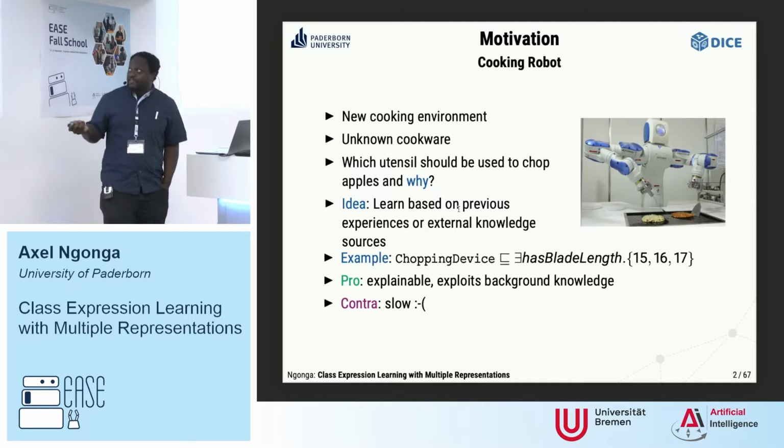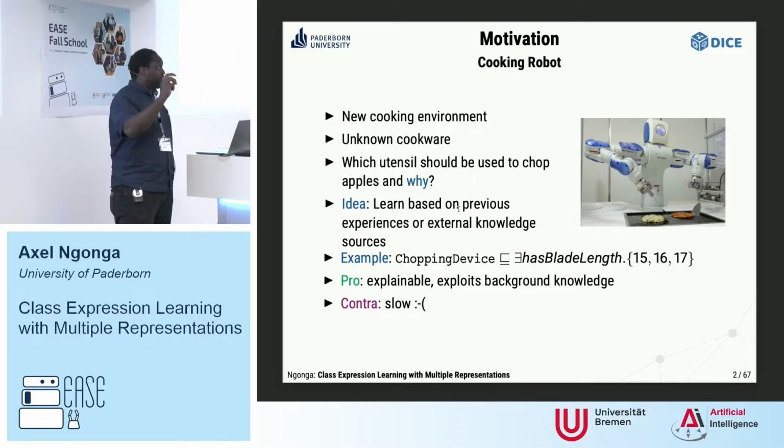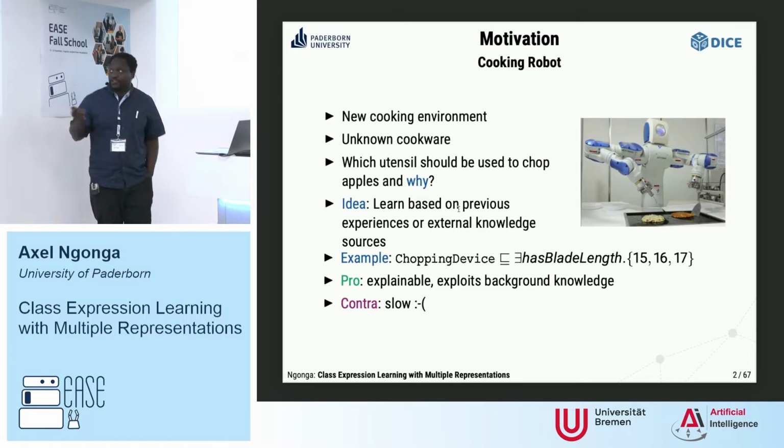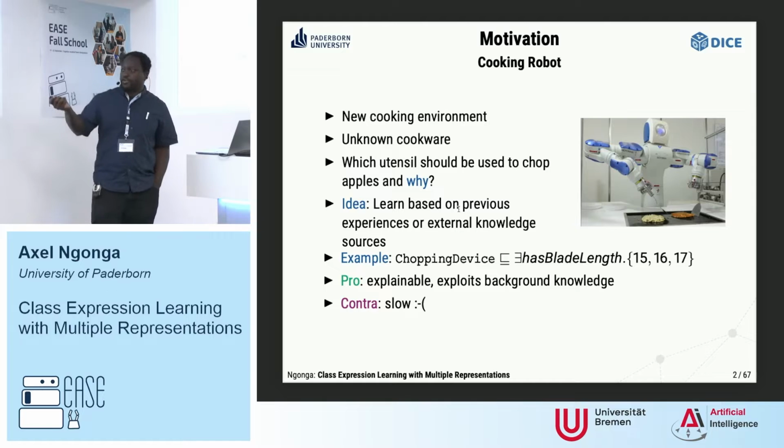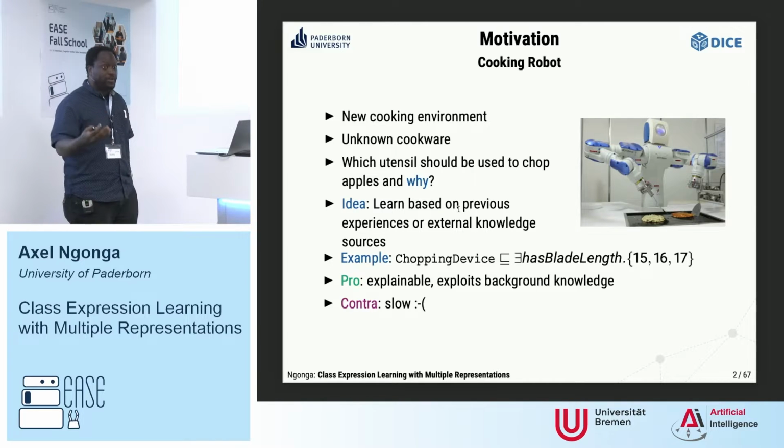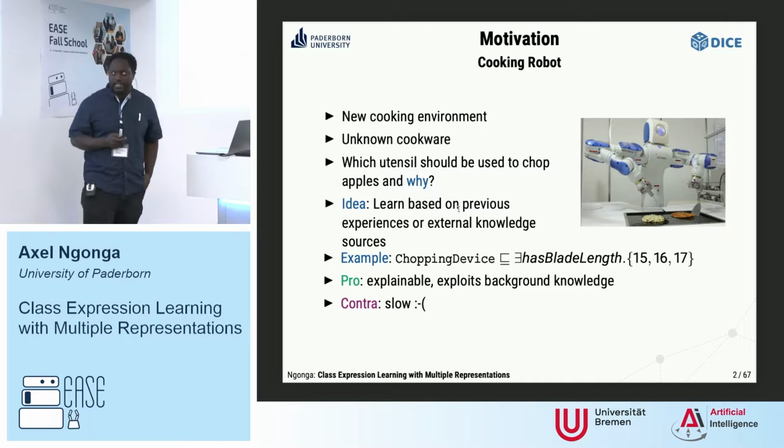Now, the main advantage of doing class expression learning, I'll define that formally in a second, is obviously that it is explainable, because whatever we learn here, the expressions that we learn, we can actually verbalize, turn into natural language, and present to people who have absolutely no idea of description logics, and they're still able to understand why we perform certain actions.